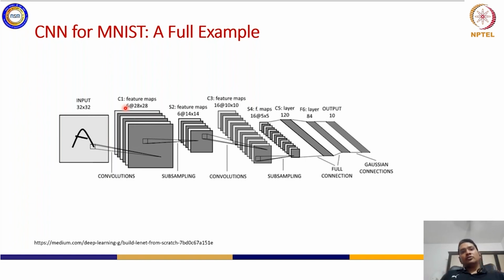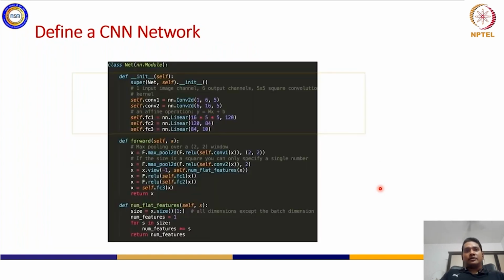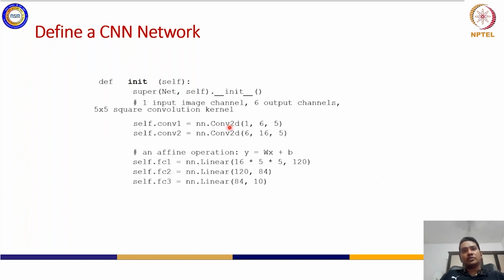That means depth is 1. You remember from your definition of convolutional neural networks, there are several layers: convolution layer, fully connected layer. The convolution layer is the transformation from volume to volume, where you have depth, the number of filters, and the spatial features. So by defining this Conv2d function, we are defining that this convolution layer will have a depth of 1, because that is equal to the number of channels in your input image, which is grayscale, then the number of filters, and the kernel size.